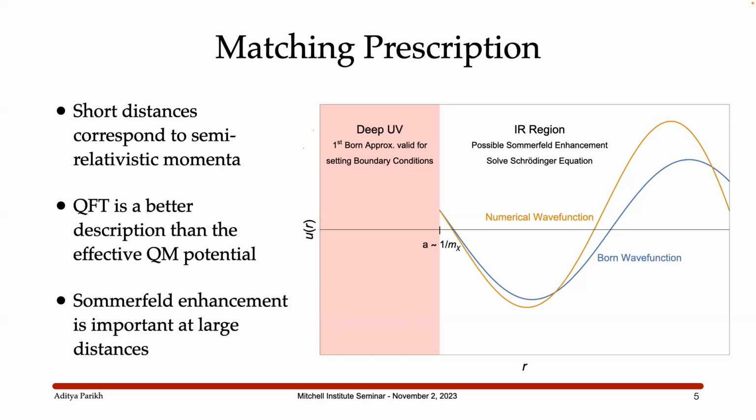So in regions of parameter space, and we can explain that a little bit more analytically later on, that's effectively what it amounts to. As long as we're in regimes where that condition is satisfied, you don't have significant Sommerfeld enhancement in the short distance regime, so the tree level QFT is a good description of what's happening. We take that to set the boundary conditions, and then from there we solve the Schrodinger equation, and everything is well defined and non-pathological.